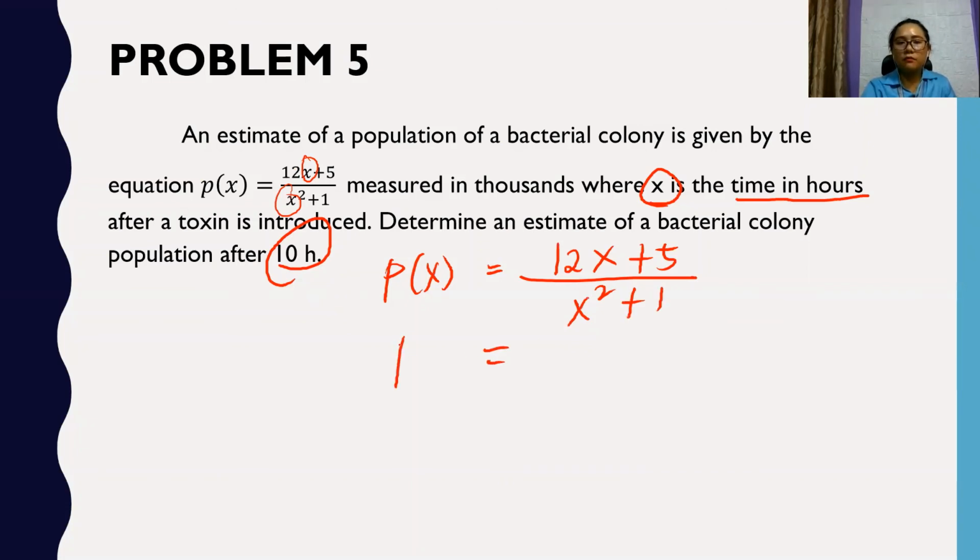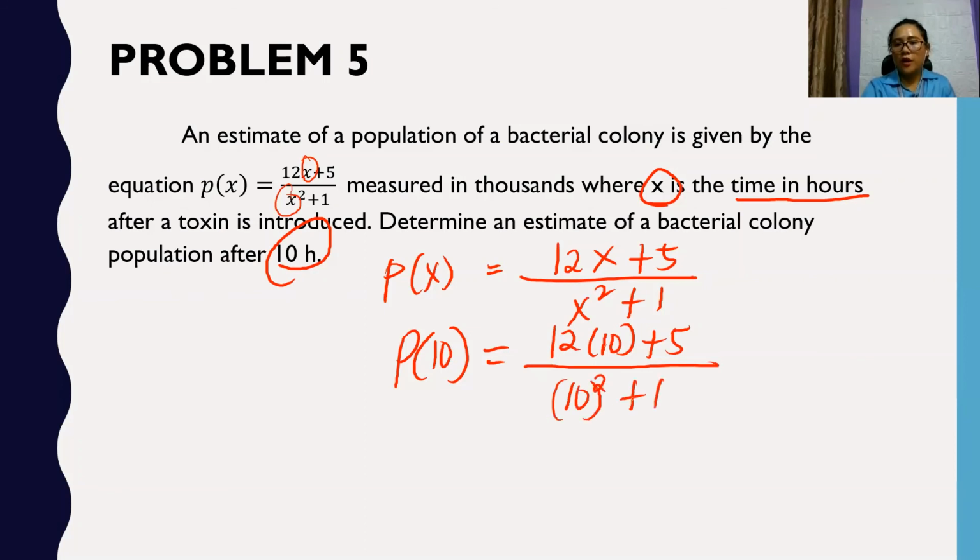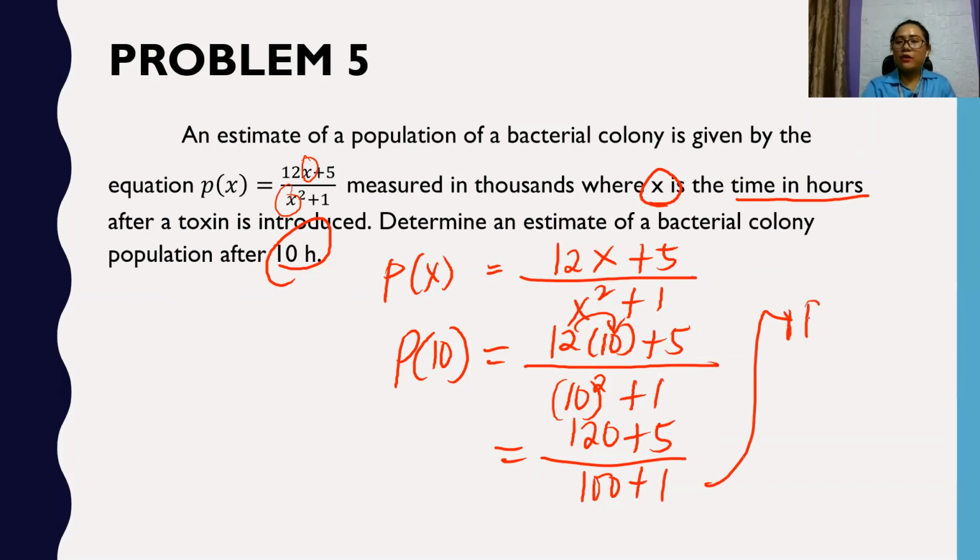That would mean that P of 10 is equal to 12 times 10 plus 5 over 10 squared plus 1. P of 10 is equal to 12 times 10, that is 120, plus 5, over 10 squared, 100, plus 1. P of 10 now is equal to 125 over 101.